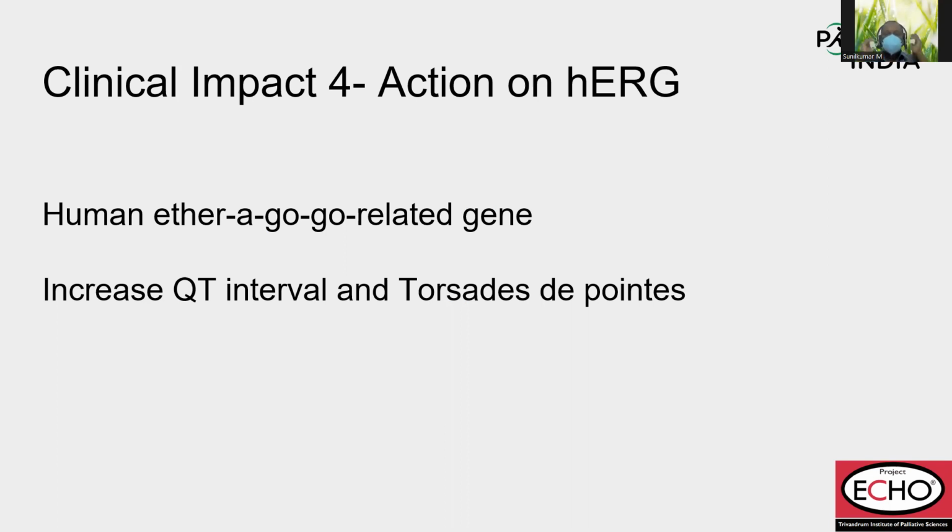Now we are going to talk about something harmful with methadone use, which is the action on the human ether-a-go-go related gene. Okay, so I told you that this HERG gene is abundant in myocardium, and it can increase the QT interval and cause torsades de pointes and sudden death.